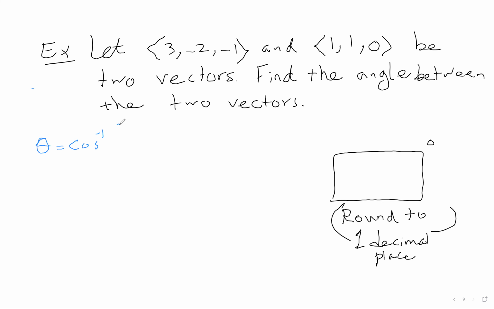So I obtained the dot product in the way that we initially defined. 3 times 1, the first coordinate times the first coordinate, plus -2 times 1, second coordinate times second coordinate, and finally plus -1 times 0.